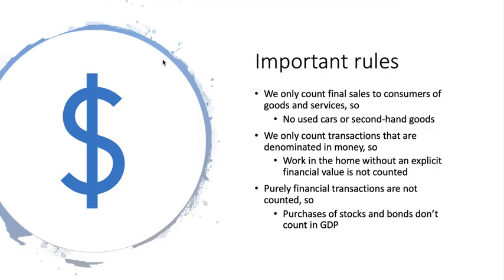Now, there are some important rules to keep in mind with respect to GDP. We only count final sales to consumers or firms of goods and services. So we do not include used cars or secondhand goods at all. That only gets included in the first time those things are sold when they're new. We only count transactions that are denominated in money.